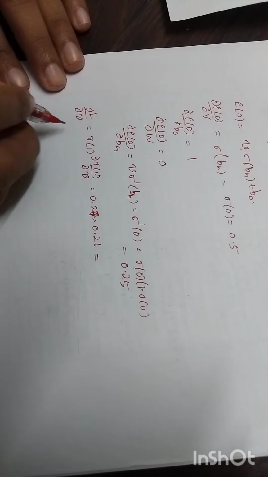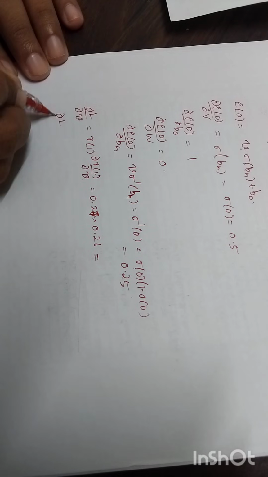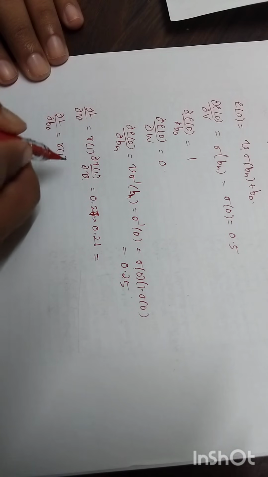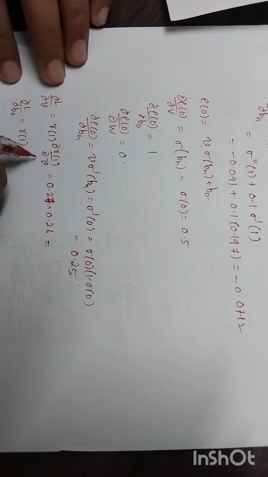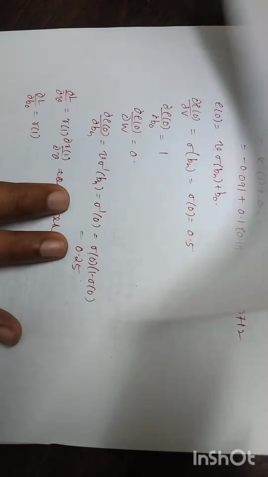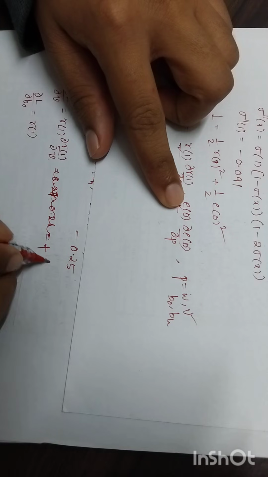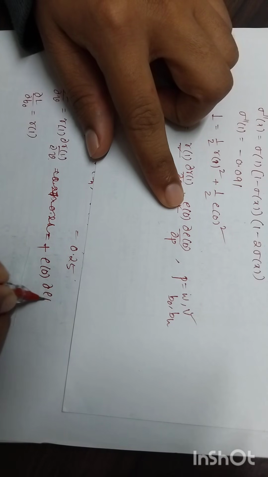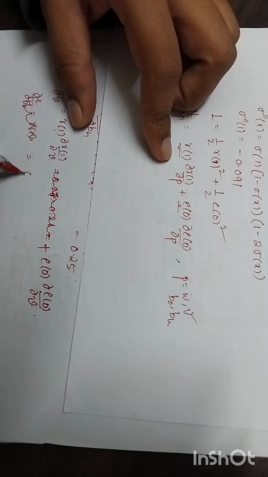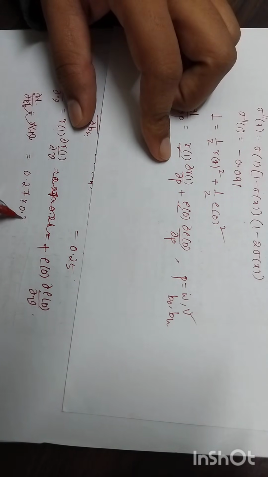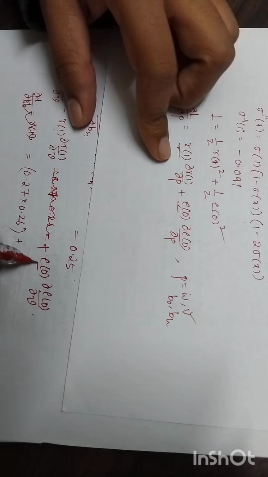Then similarly you calculate dL/dB0, which would be R1 into dR1/dB0. This is only the first part. As per the loss function, we also have to calculate with respect to E0, that is E0 into dE0/dV. So R1 would be 0.27 into 0.26, plus the E0 value we have calculated.